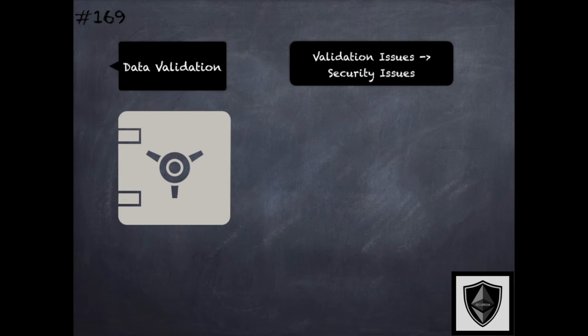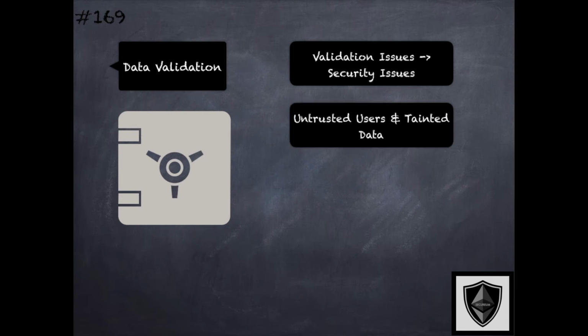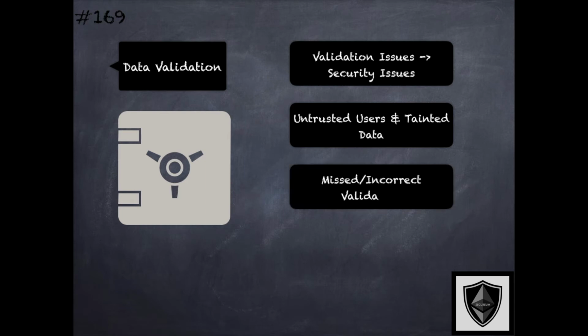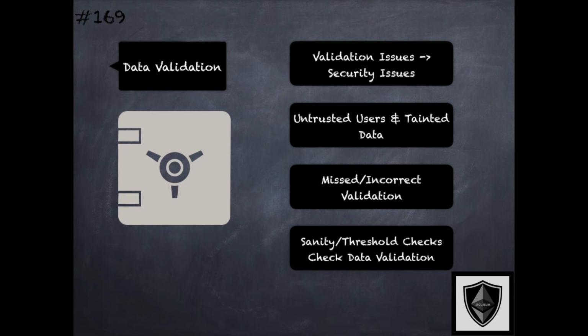Validation issues very frequently lead to security issues. Missing validation of data, or incorrectly or insufficiently validating data, especially tainted data from untrusted users, will cause untrustworthy system behavior, which may lead to security issues. Sanity and threshold checks are therefore critical aspects of data validation.